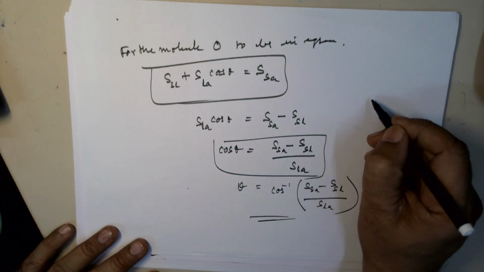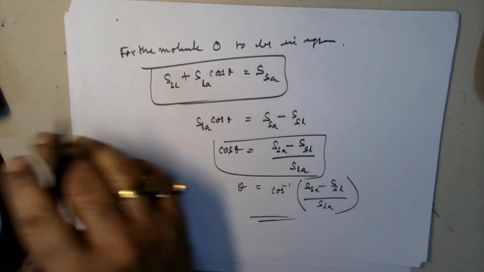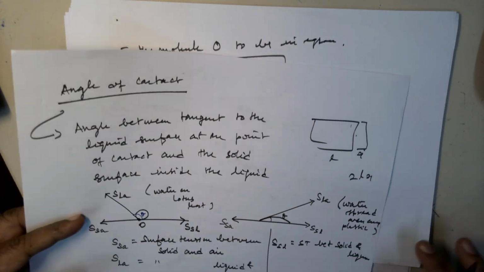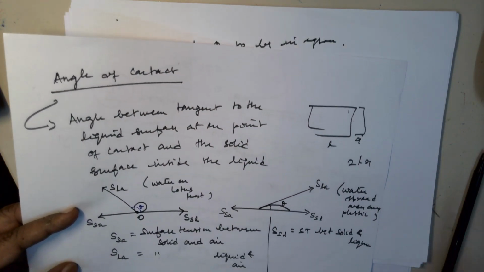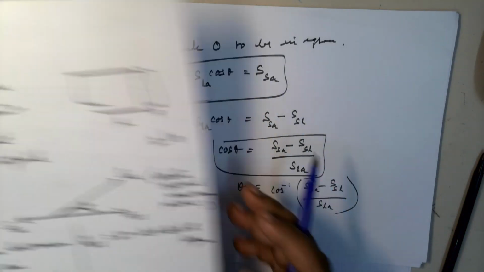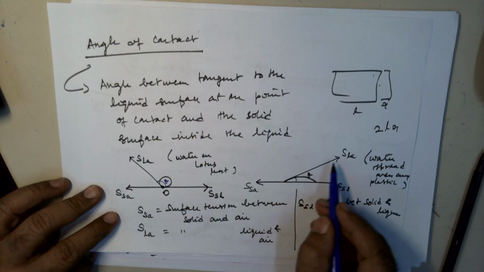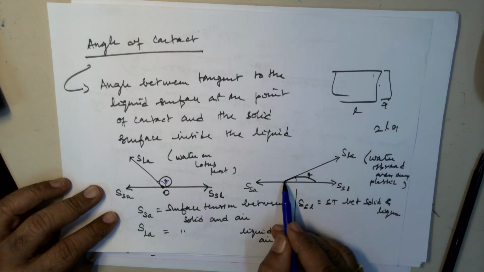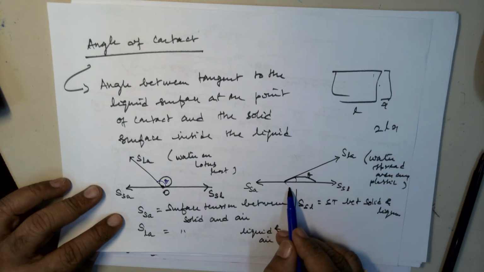For example, when you have one vector, say this, which I have drawn as SLA, SLA cos theta means the vertical component. So you have to take it like this.